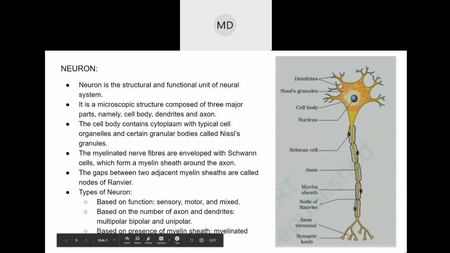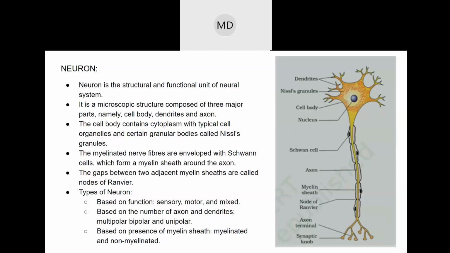Now we need to learn a little bit about the neurons. Why neurons? Because the neurons play the most important role in the neural system or the nervous system of human beings. That is to relay signals from one part of the body to another.